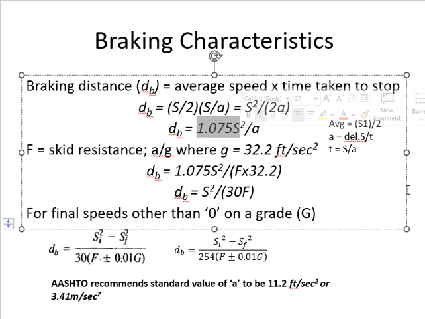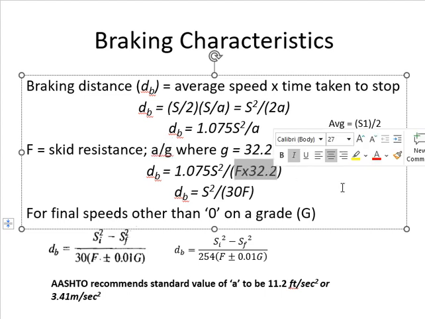Clear? Okay. Next thing is we have a factor which is called skid resistance. Skid resistance depends upon the surface of the road, and it is equal to A upon G. So F equals A upon G. Then A equals G multiplied by F. F was A upon G, so A is F into G. So this is what we did here.